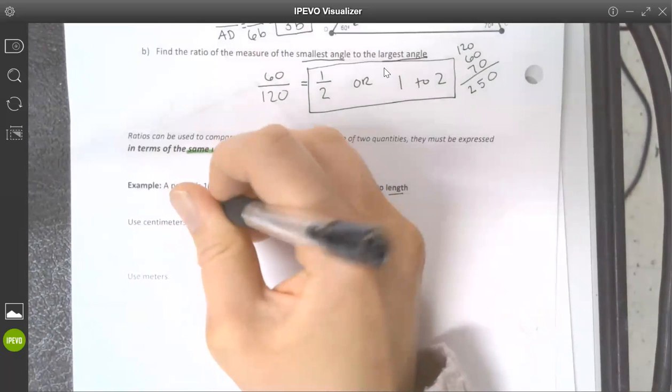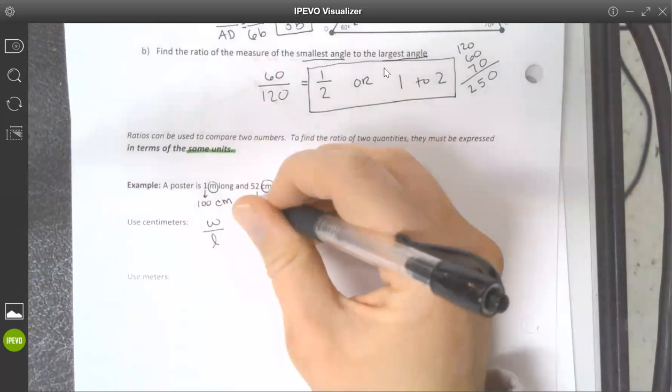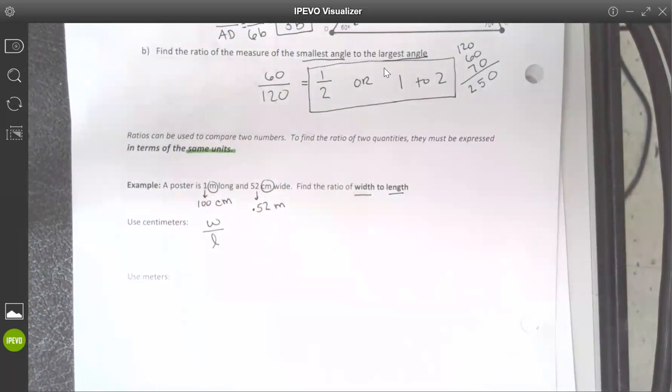It's 100 centimeters in a meter. 1 meter is 100 centimeters, which means that 52 centimeters is 0.52 meters, just so we have it both ways. Probably would have been easier if we did feet, inches. You're more familiar with those American units.